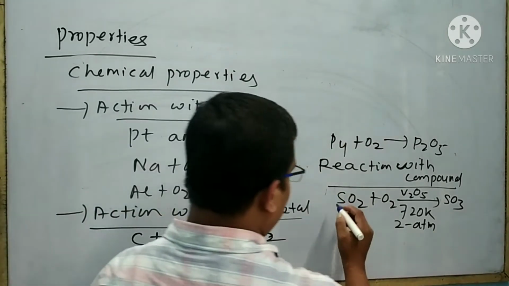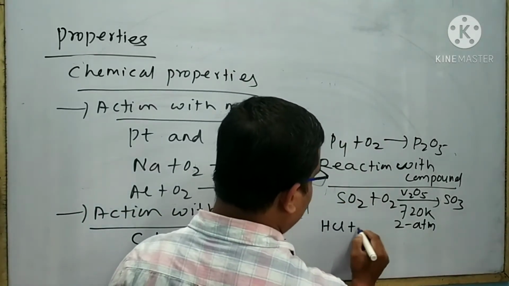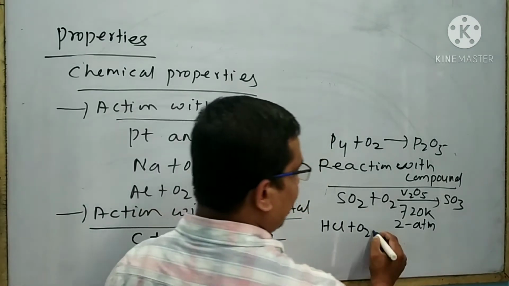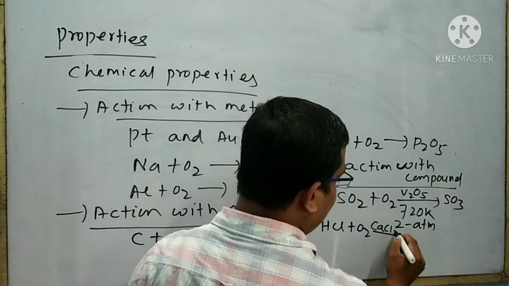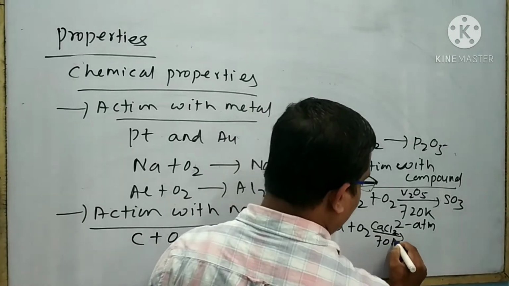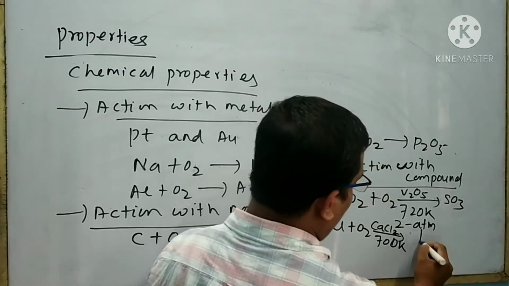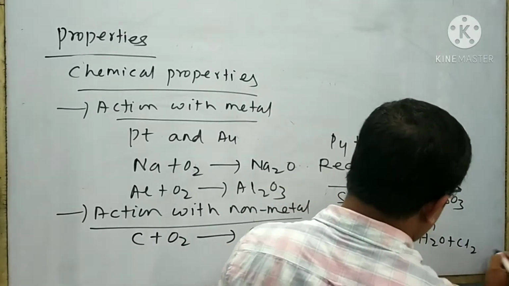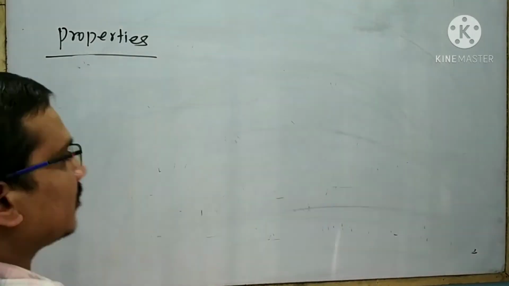Similarly, when HCl reacts with oxygen in the presence of calcium chloride at 700 Kelvin, water and chlorine gas are formed.